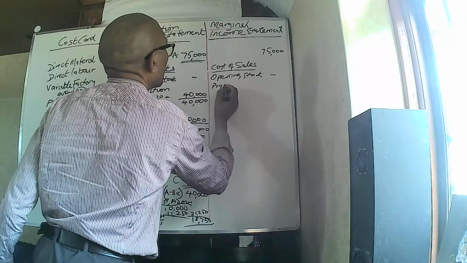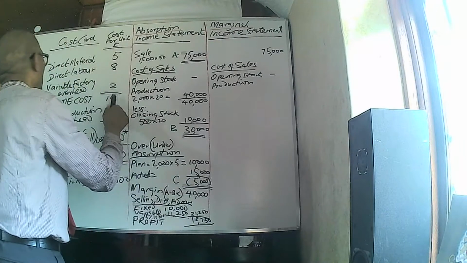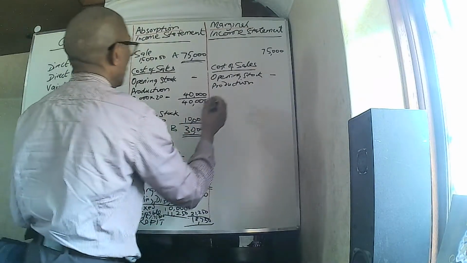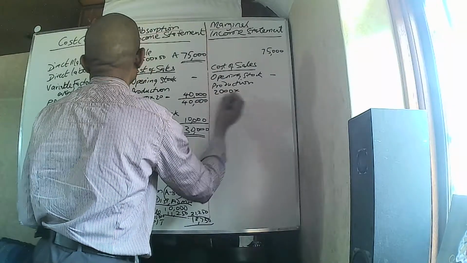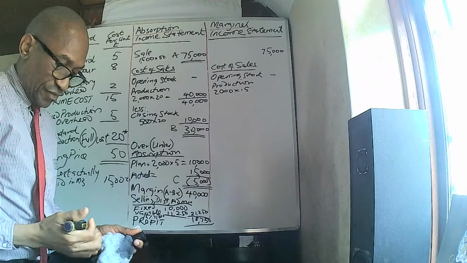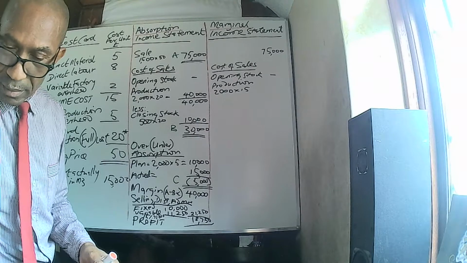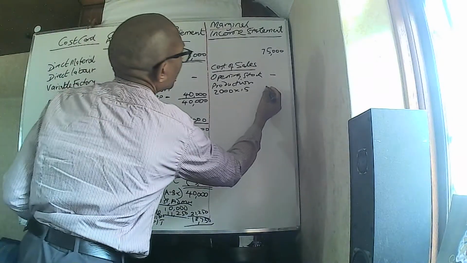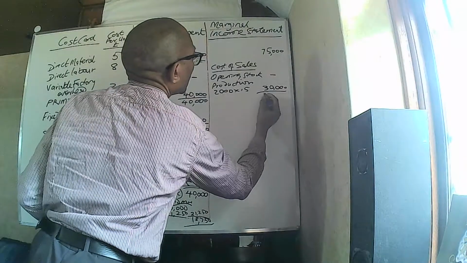Production will be based on the prime cost, which is the variable element. So the 2,000 times 15, which is 30,000.